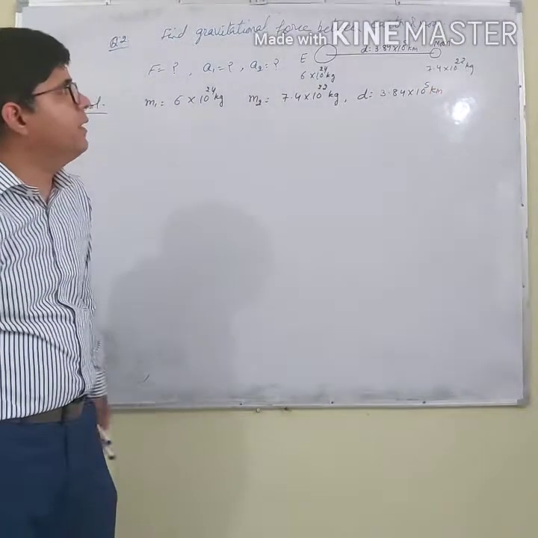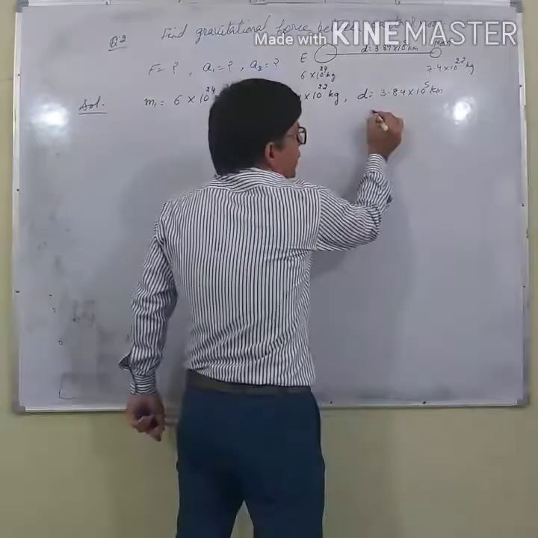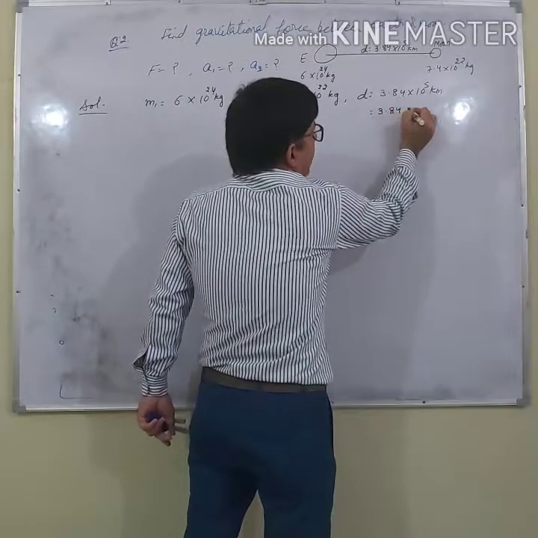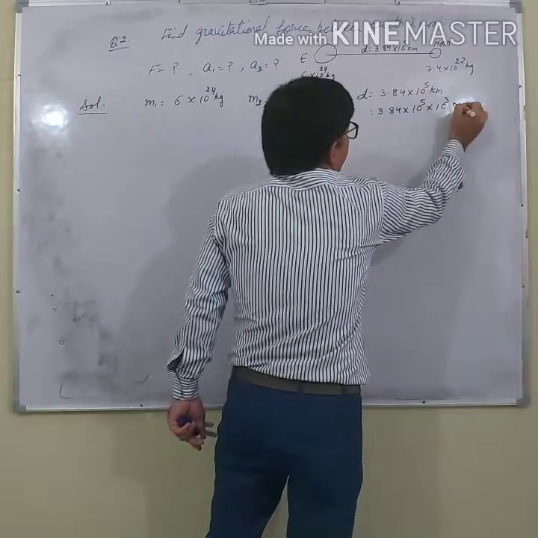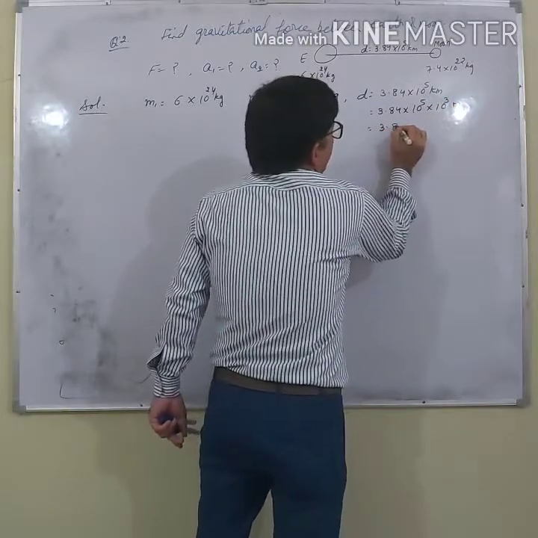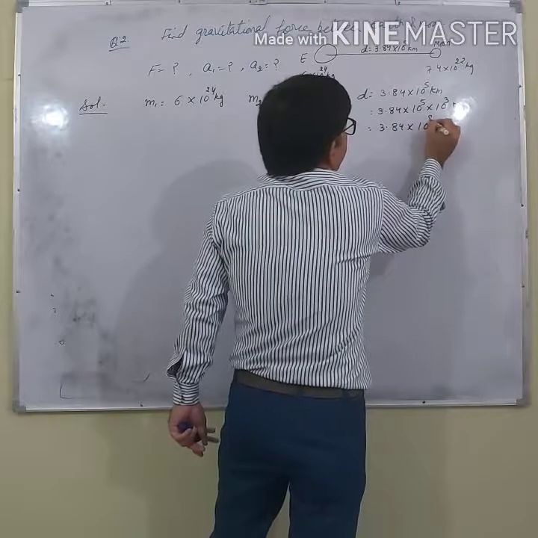So convert kilometer into meter. 1 kilometer is 10^3 meter, so I will multiply by 10^3. Finally it will be 3.84 × 10^8 meter.